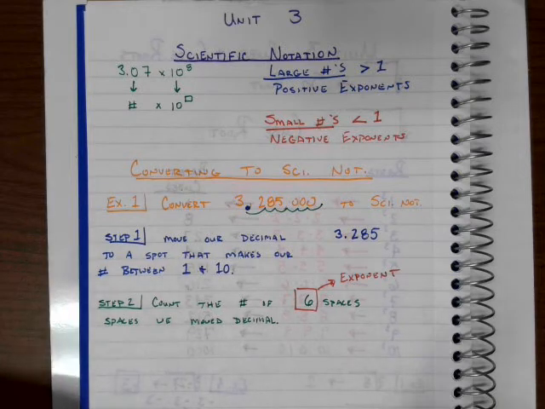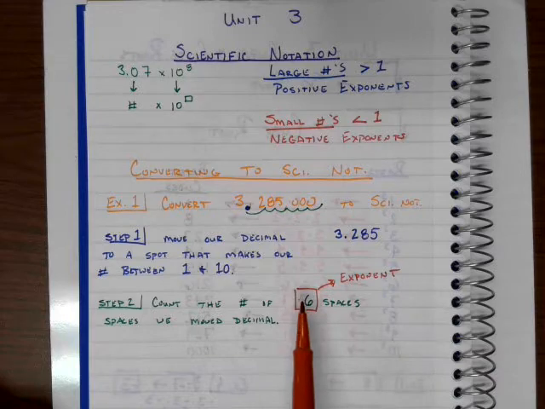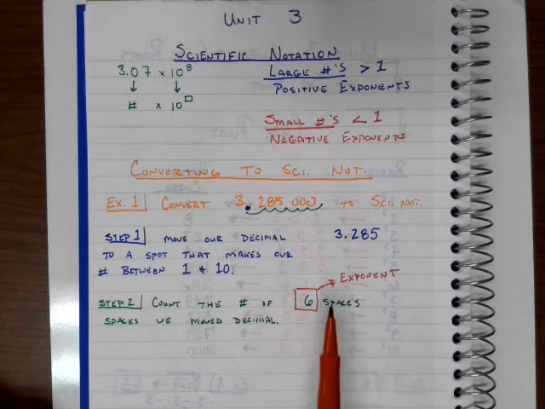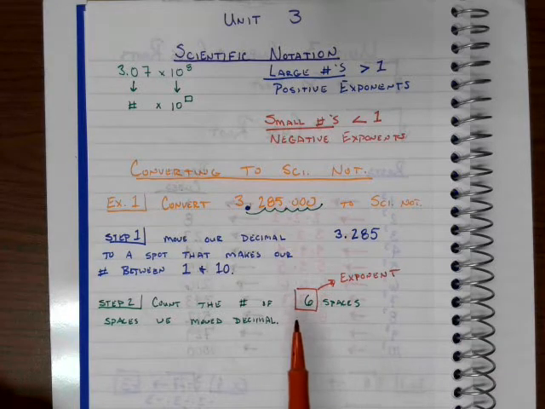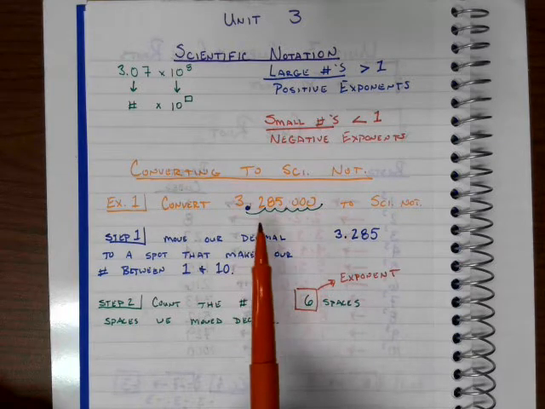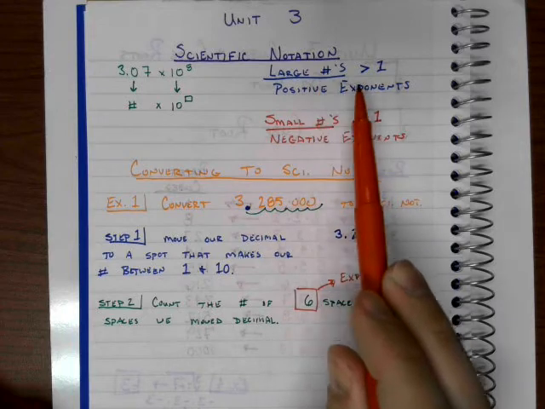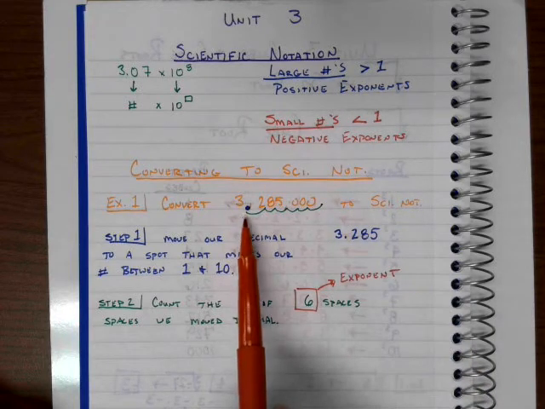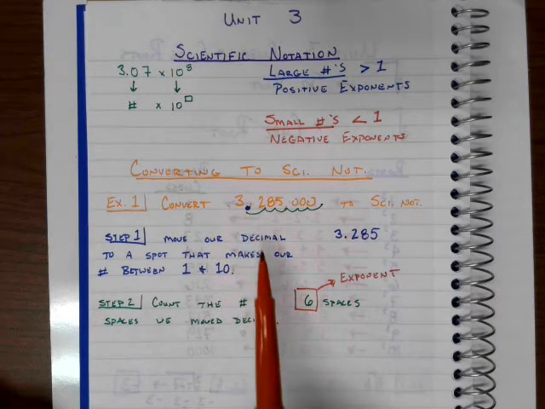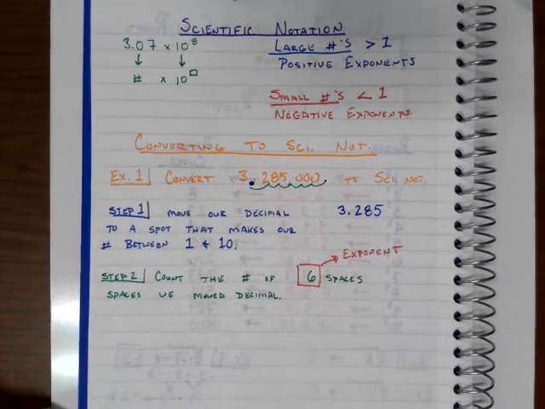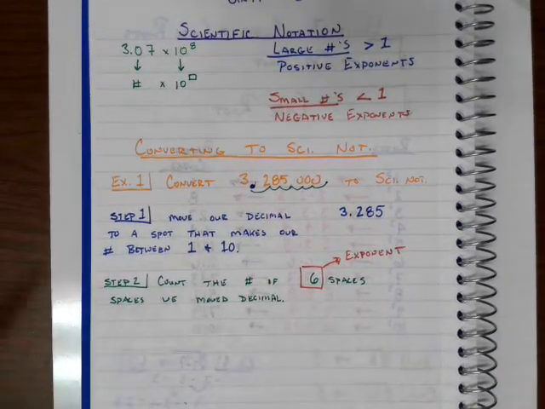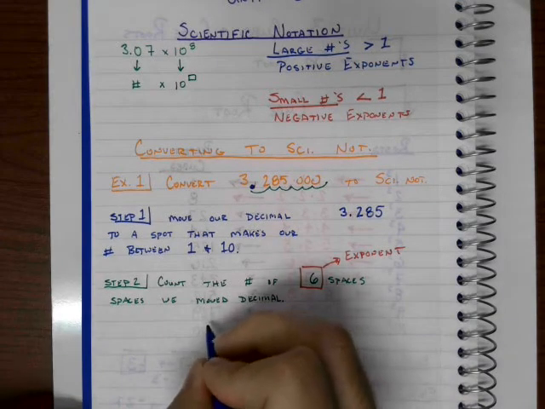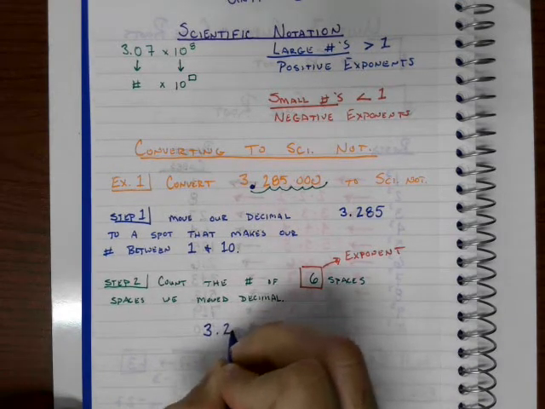Now the question is, is this going to be a positive exponent or a negative exponent? It's going to be a positive exponent. Why? My number is larger than 1. 3 million is definitely bigger than 1. So this will be a positive exponent. So my number in scientific notation is going to be 3.285.